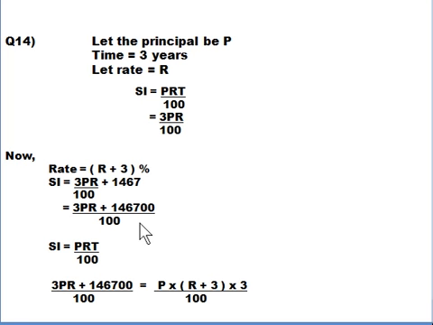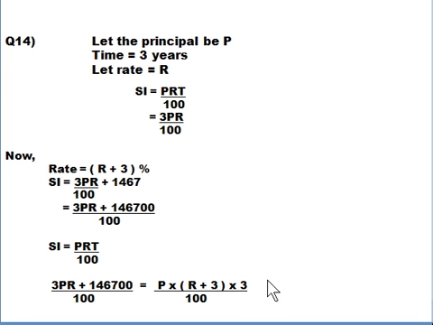Simplifying it, you are going to get an expression for the second simple interest as 3PR plus 146700 upon 100. Now applying the formula of simple interest, SI is equal to PRT upon 100. In place of SI, I am going to substitute the expression that I have got by substituting the value of the previous simple interest. On the right side we have P into R plus 3 into 3 upon 100.